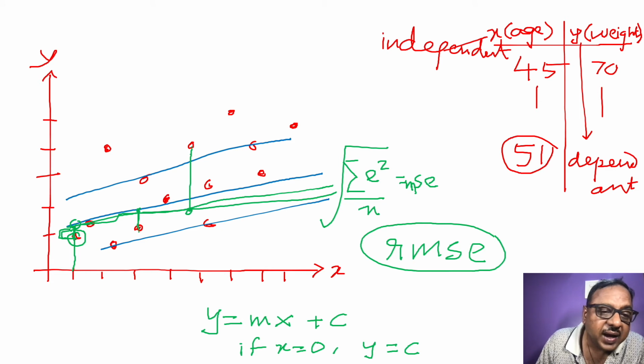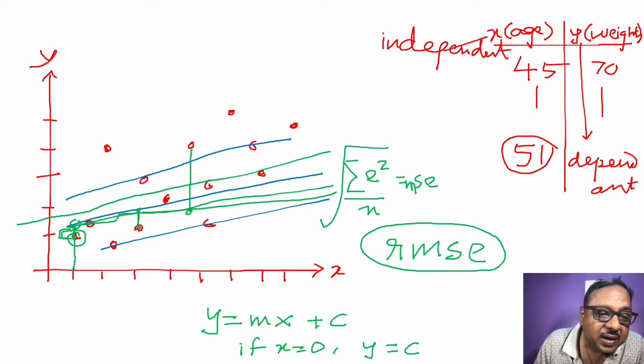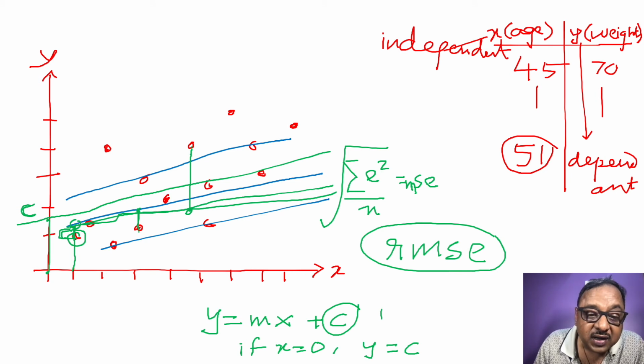So if this is my line of the linear regression, and when I make x equal to 0, that is x is here, y becomes equal to this value, which is nothing but c. This value c is what we know as the intercept.